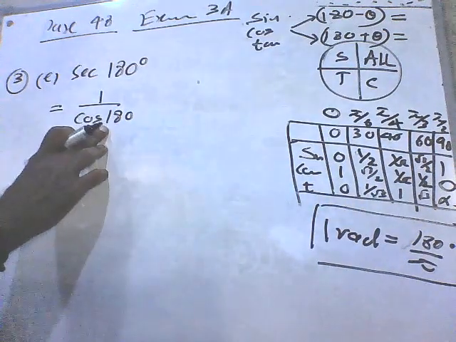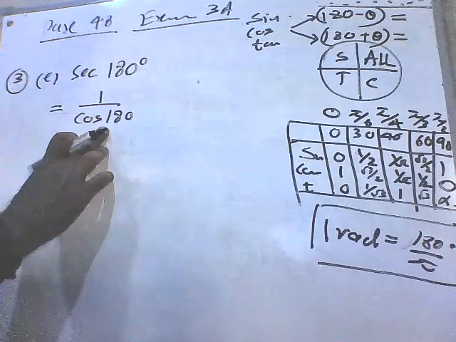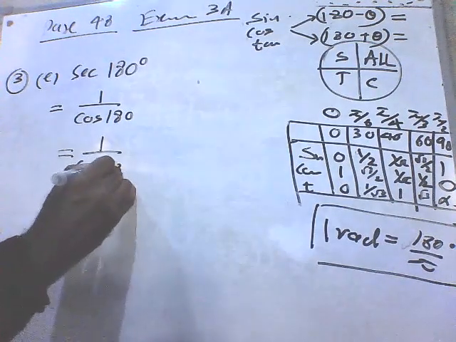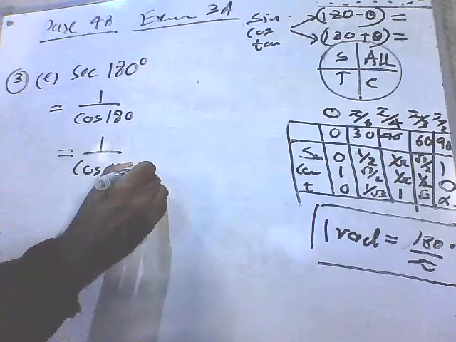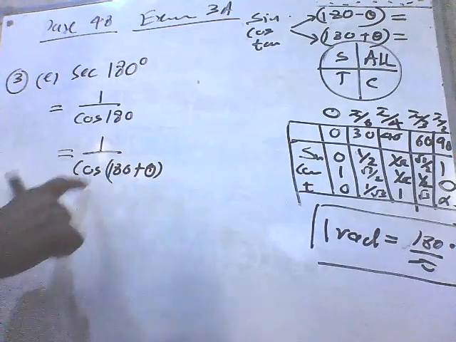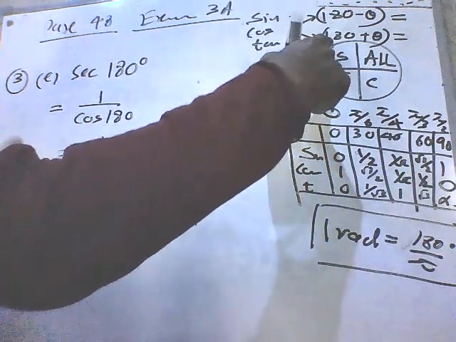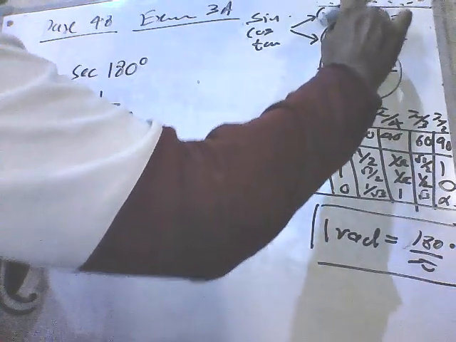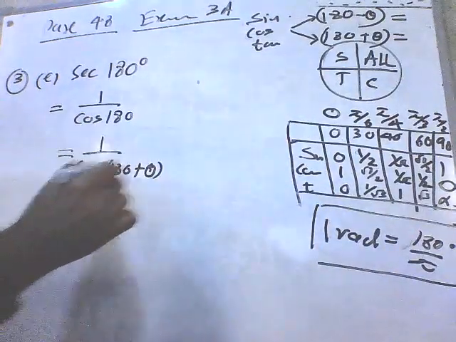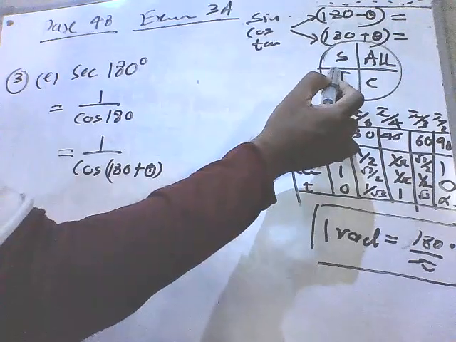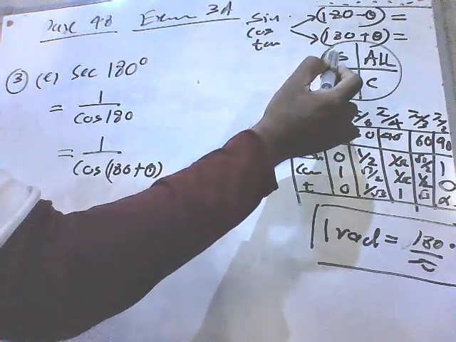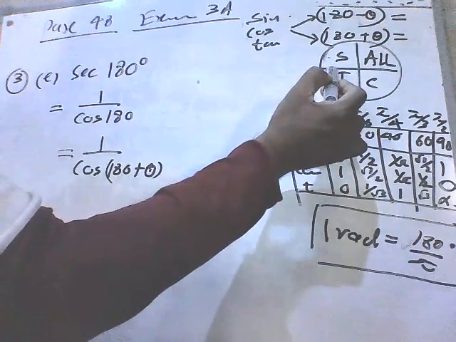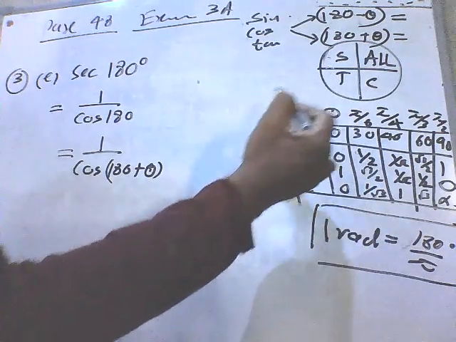So here cos 180. We can write that as 1 over cos of 180 plus 0, so it comes to the form of 180 plus theta. We take the plus theta, minus theta, plus theta. So cos of 180 plus, we can say minus also, whatever.